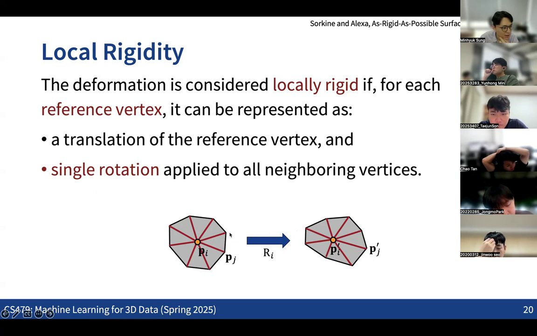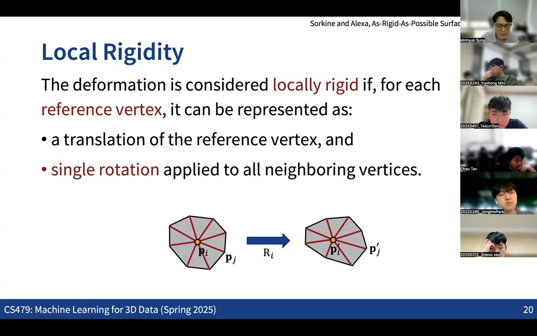So the changes of the positions for all the neighboring vertices are represented with a single rotation matrix, Ri here. This is the case where we are making a locally rigid transformation, right?